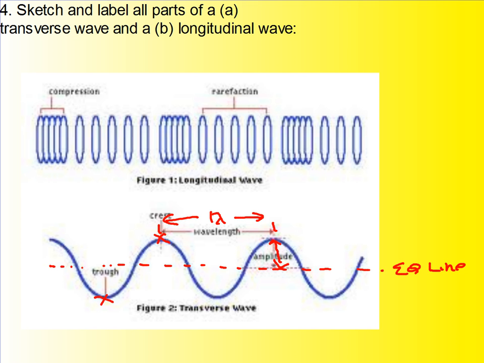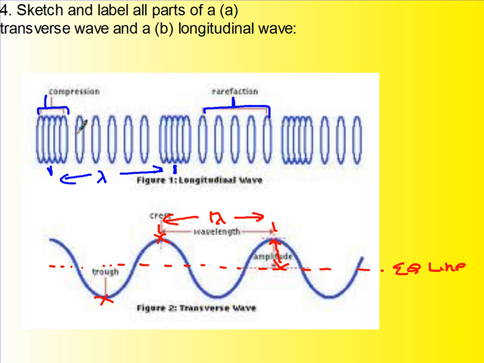It looks a little bit different on a longitudinal wave. A compression is where they're squished together, where a rarefaction is where they're spread apart. Now, one wavelength is from here to here. Now, I can't show you an equinodal line or an amplitude on these, so don't worry about that.